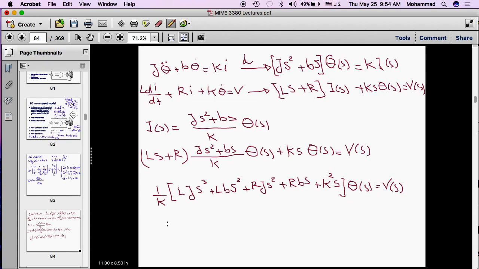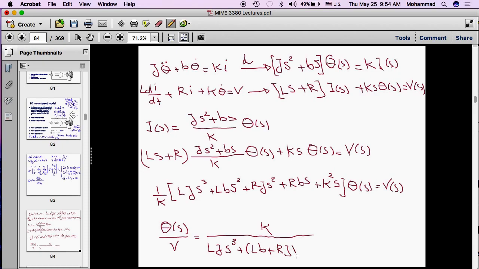If you're looking for a transfer function between theta as output and V as input, it is a big ratio where K is the numerator and the denominator is LJs cubed plus (LB plus RJ) times s squared plus (RB plus K squared) multiplied by s.